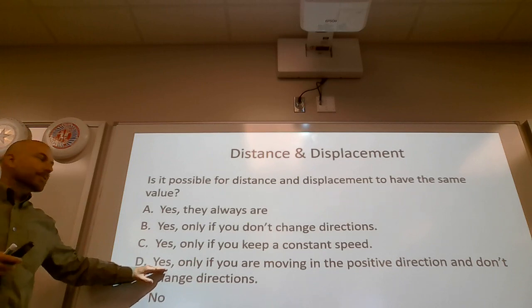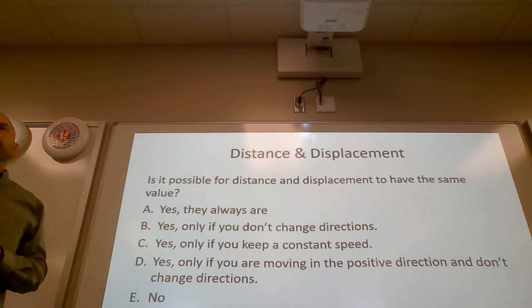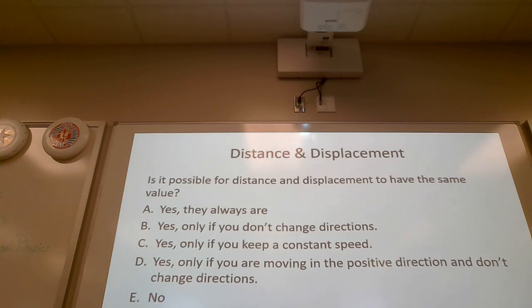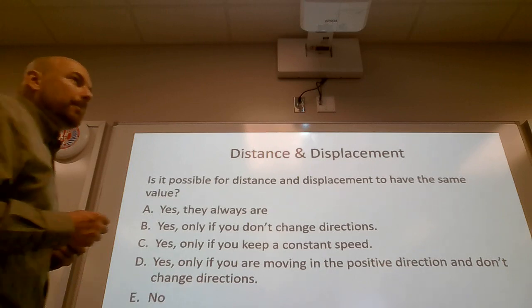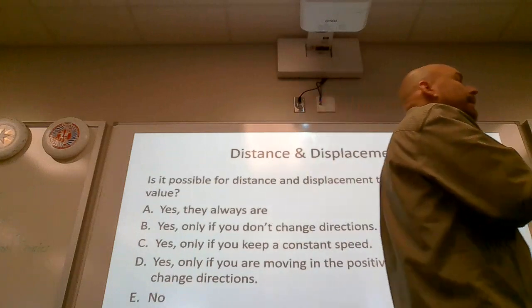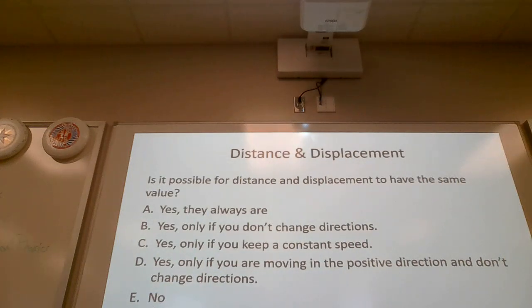Okay. When you're working on the worksheet that's due on Wednesday, if the problem doesn't specify what the positive direction is, you get to pick. My strong recommendation would be to make whichever way the object is moving the positive direction.